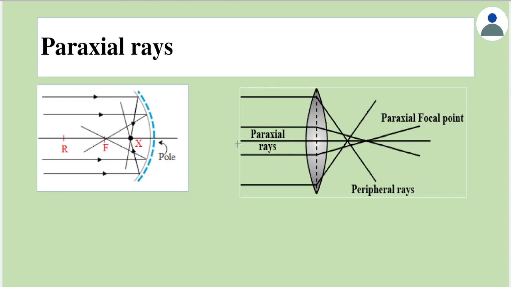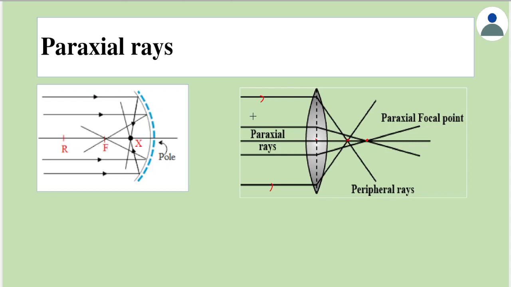For example, as seen in this diagram, for rays close by, these light rays would reflect, or here it's refraction in the case of a lens, and they meet at this point here. If we look at light rays far away from the center, that is from this point, then these light rays refract and they meet somewhere here.